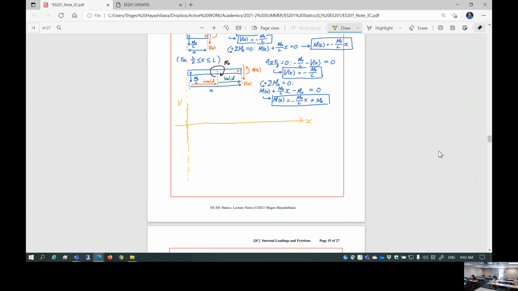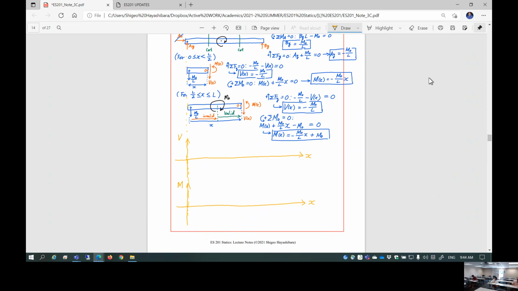And the other one is the moment diagram. Okay, so let's just make sure.